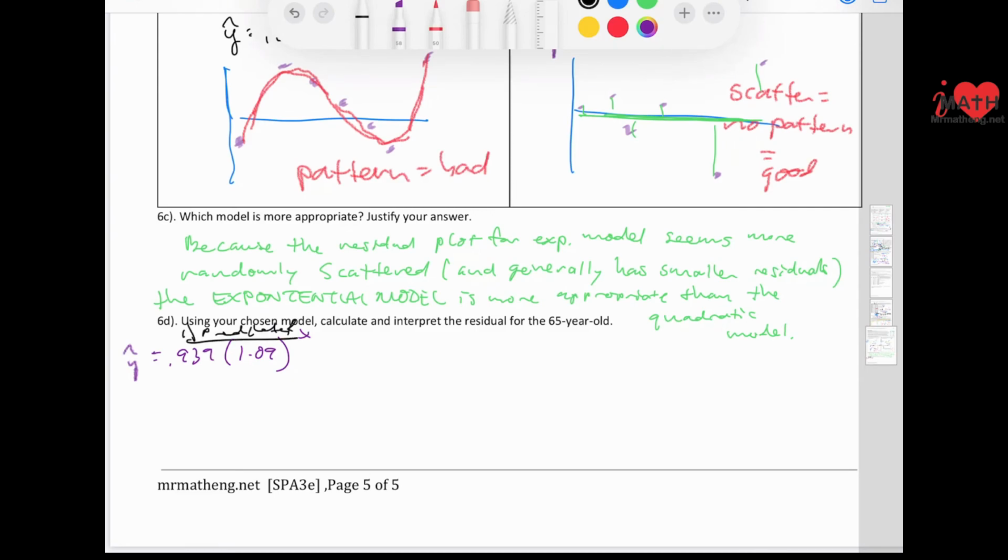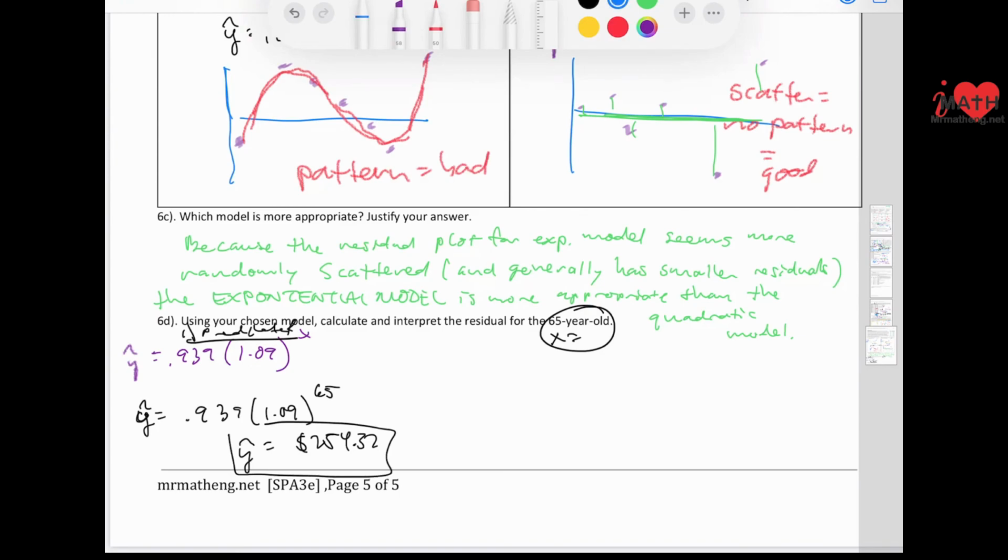The x for a 65-year-old, you're just going to take x equals 65. When you put it in here, 0.939 times 1.09 to the 65th power, you will get a prediction of a premium of $254.32.